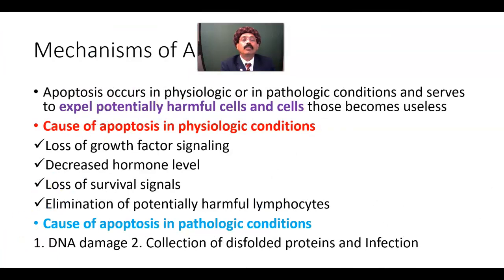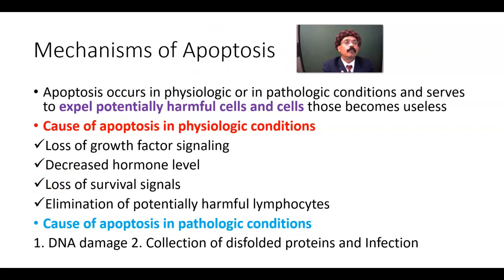What is the mechanism of apoptosis? We'll go through the possible causes and the mechanism. Apoptosis occurs in physiologic or pathologic conditions and serves to eliminate potentially harmful cells, and cells that become useless, like some blood cells, lymphocytes, and leukocytes.